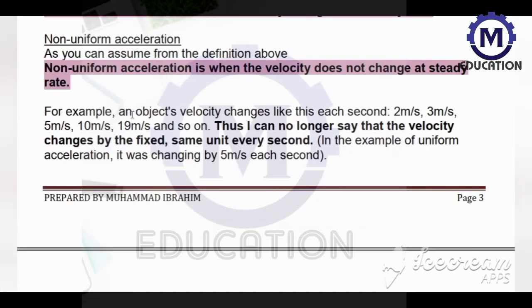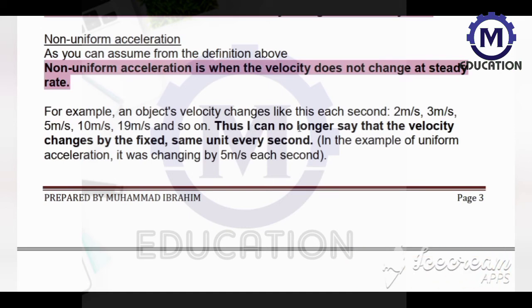For example, an object's velocity changes like this in each second. First second 2 meter per second, second second 3 meter per second, then 5 meter, 10 meter, 19 meter. Their differences are not constant. Here the difference between these two is 1 meter per second, between these two is 2 meter per second, between these two is 7 meter per second, and between these two is 9 meter per second, and so on.